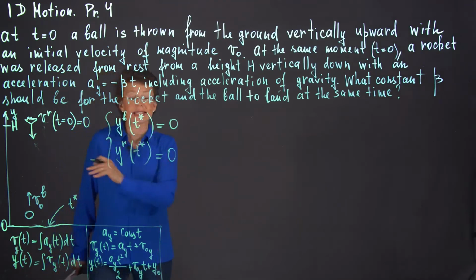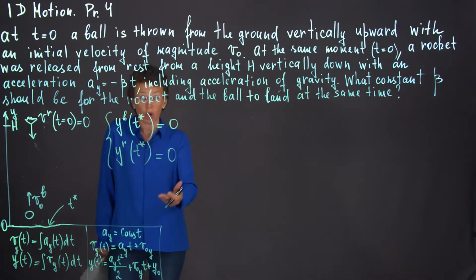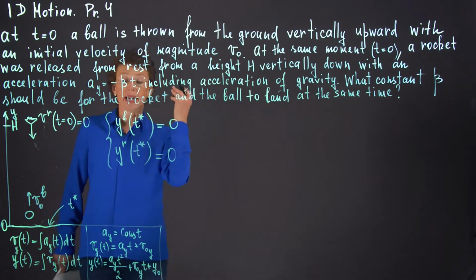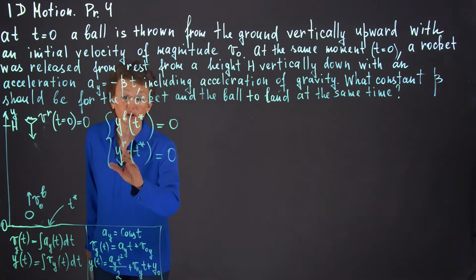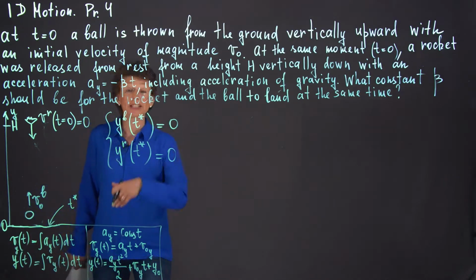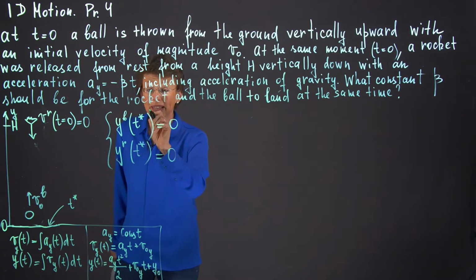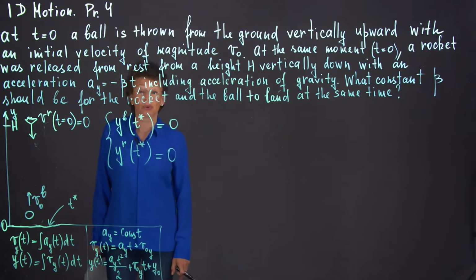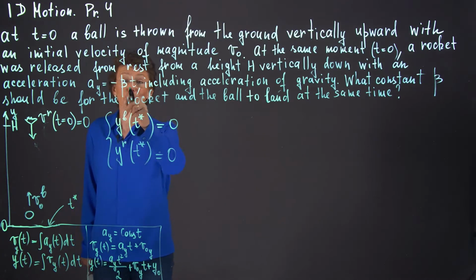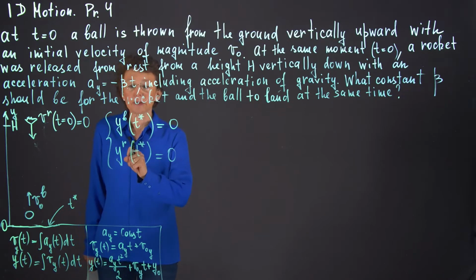So we have a system of two equations. All we need to do is find the position of the ball at any time moment, the position of the rocket at any time moment, and then set them equal to zero at that specific time moment and solve this system of equations for beta, for this constant. Sounds like a plan. Let's do it.